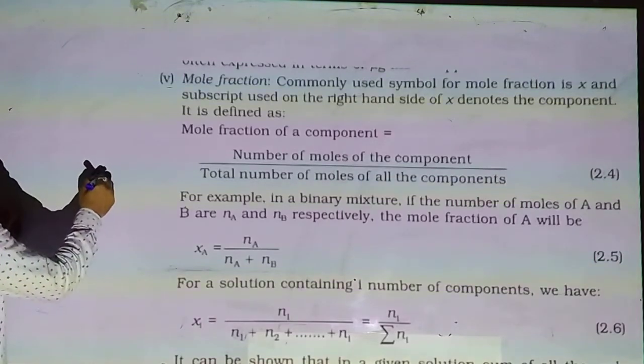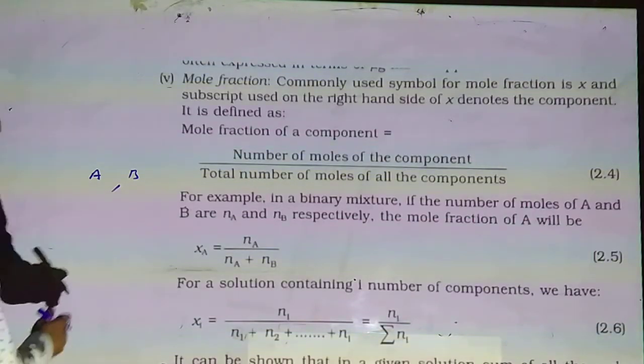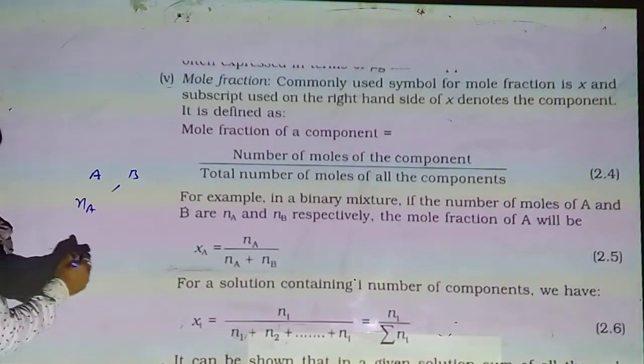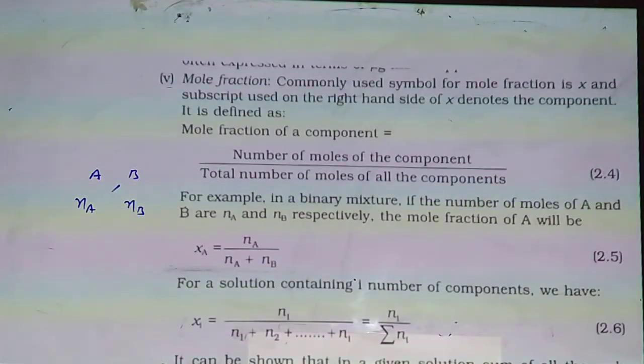Suppose in our solution there are 2 components. The solution B component થી બનેલું છે, બે substances A અને B. તો આપણે mole of A suppose Na and mole of B suppose Nb.